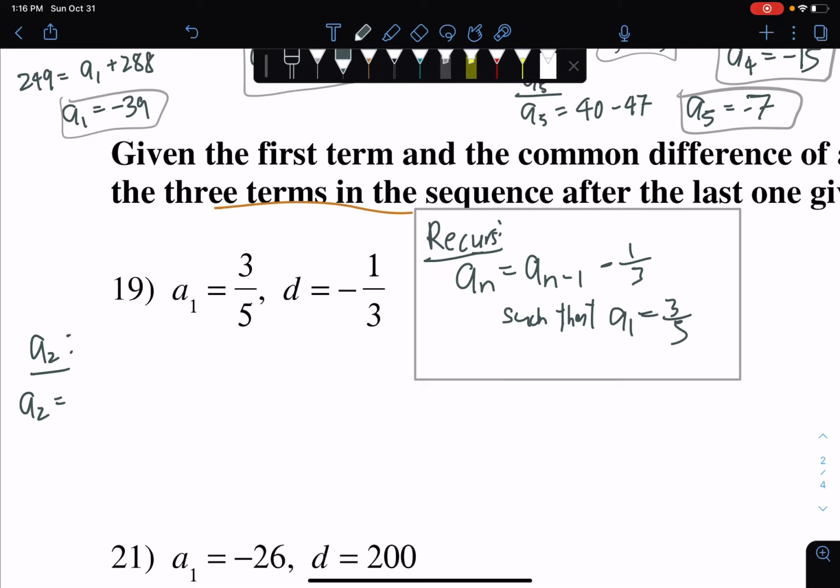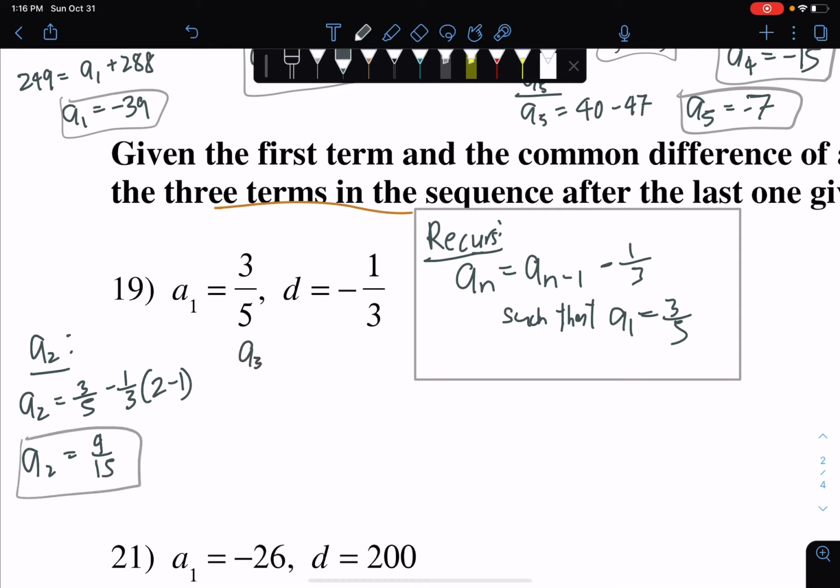It's way easier, more convenient, and widely used compared to the recursive formula. Okay, so a sub 2 is equal to 3 over 5 minus 1 over 3 times the quantity 2 minus 1. Place that in the calculator. Our answer for a sub 2 is 4 over 15.